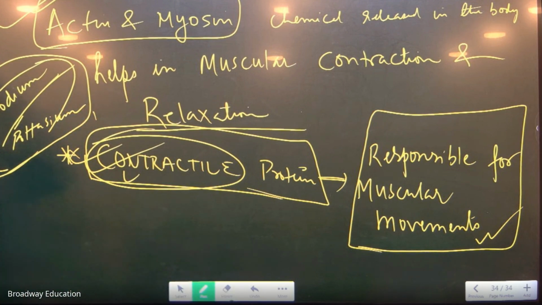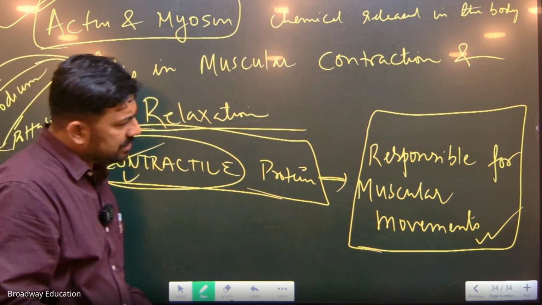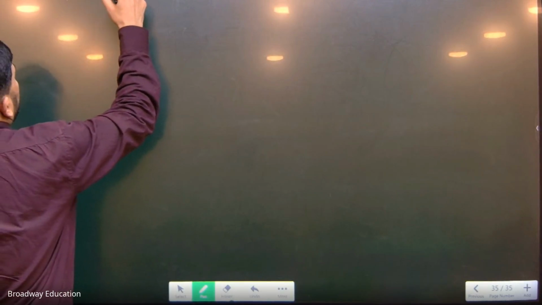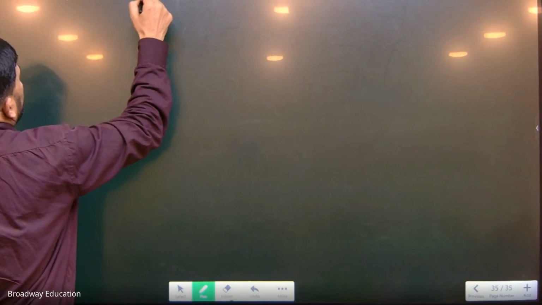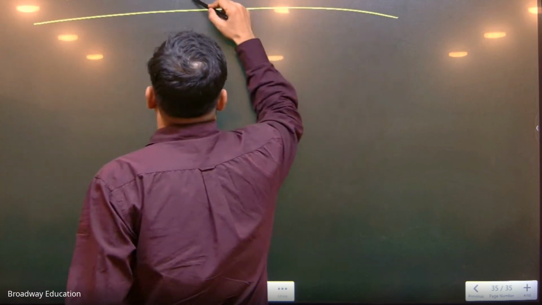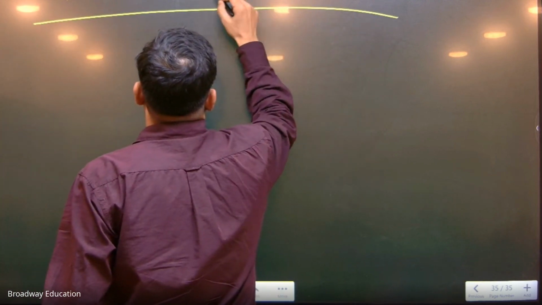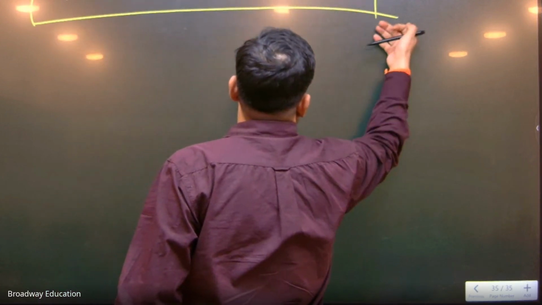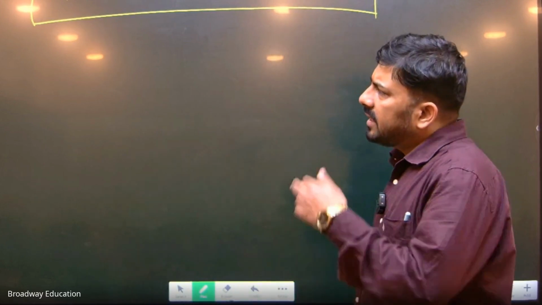Now, which elements are responsible? Sodium, potassium. Is this part clear? Now, after this, the last one is nervous tissue. Please make a note of it. Write nervous tissues.